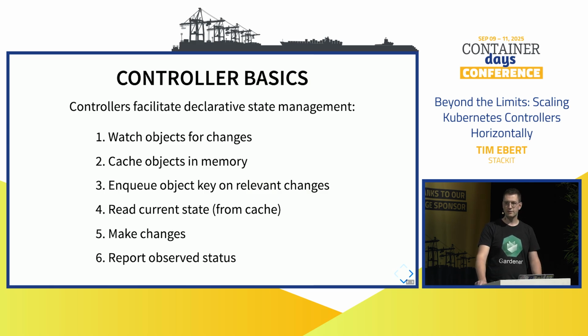And if necessary, it performs any changes like scaling a deployment, creating new pods, etc. Typically, the controller also reports the observed status, like in the status section of an object, or it might also be an event on the object.